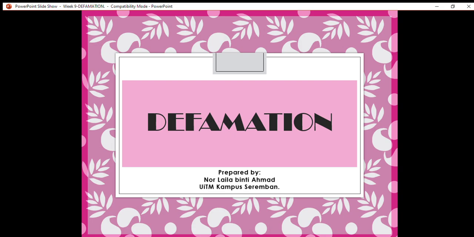At the end of the lesson today, students should be able to, first, understand what is meant by defamation and the elements that are involved in proving defamation. Second, students should be able to identify all the elements of defamation.